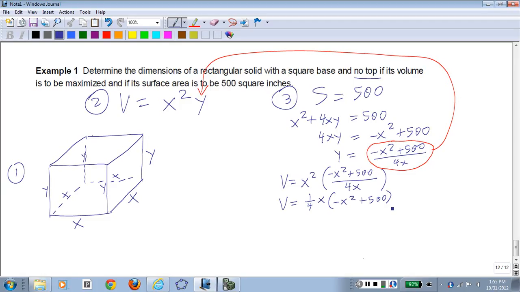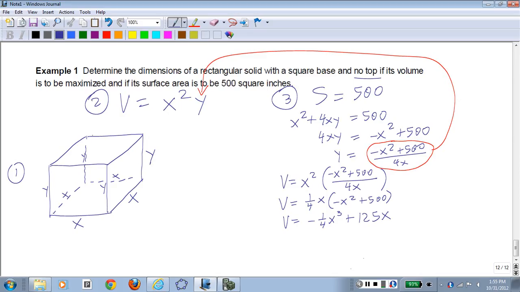And since we know we're going to have to take the derivative of this in step 5, it'd probably be good to go ahead and expand it so we don't have to use the product rule, we can just use the power rule. So V equals negative 1/4 x cubed plus a fourth of 500, maybe that's 125 x. So this is the volume function.